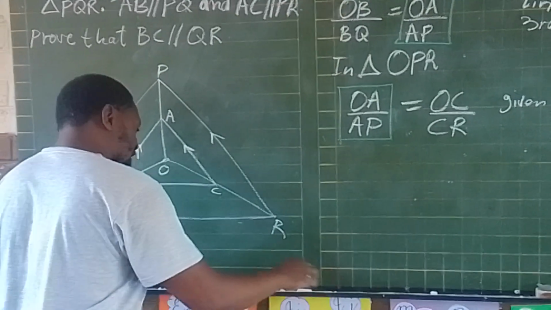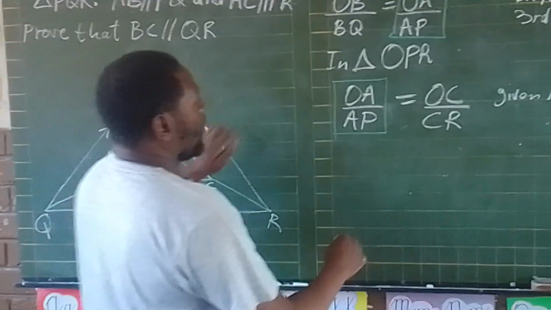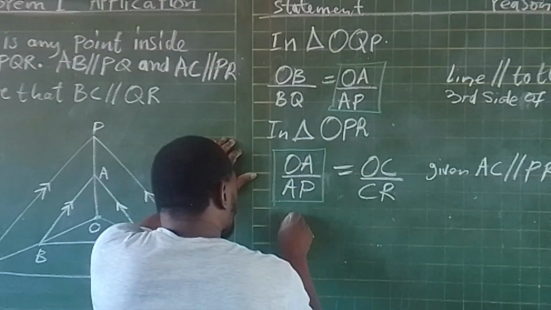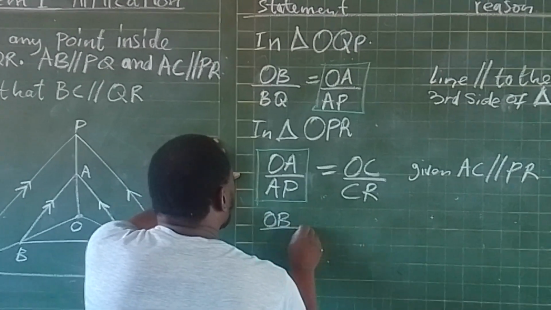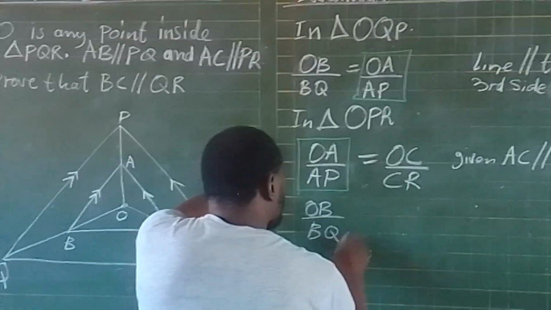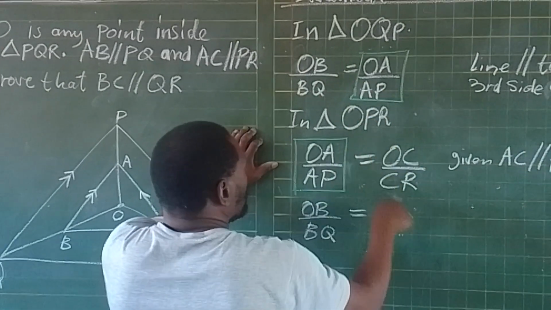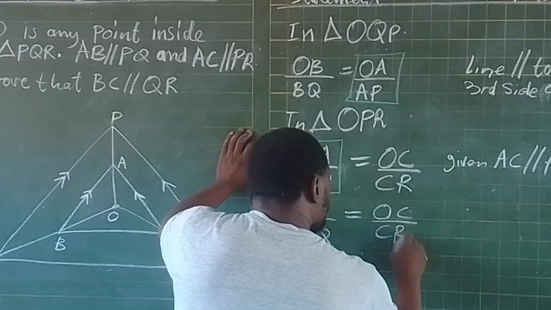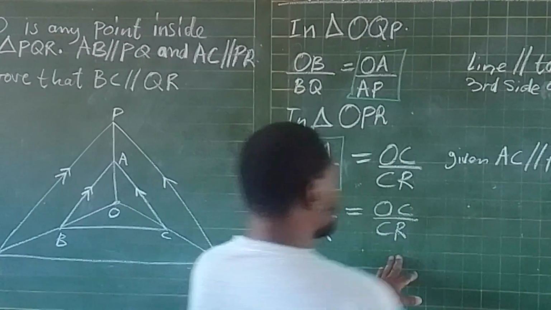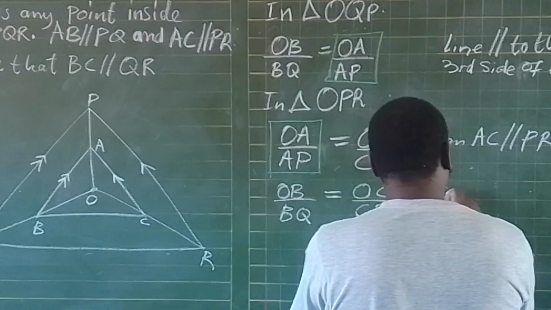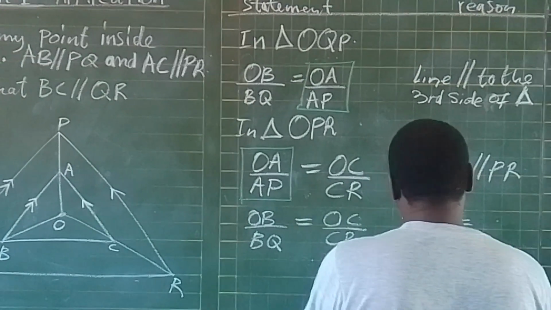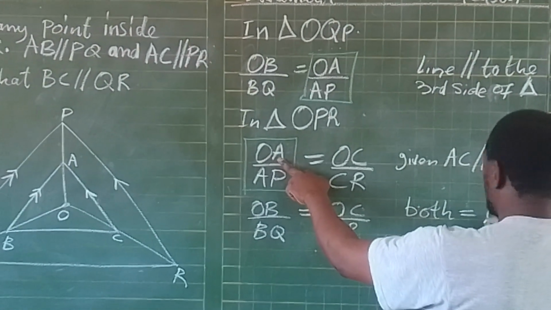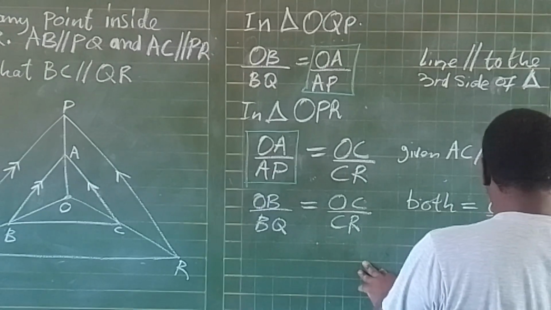Then we can conclude by saying OB over BQ is equal to OC over CR. The reason for that is both are equal to OA over AP.